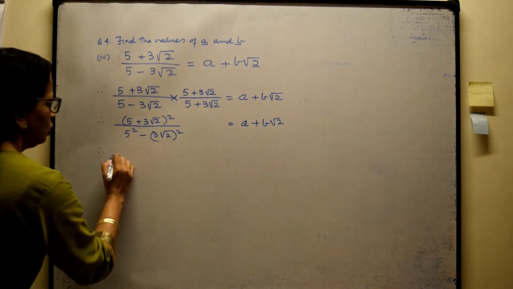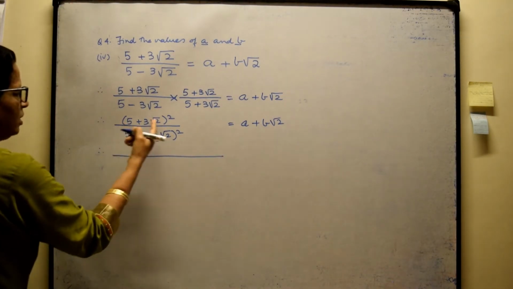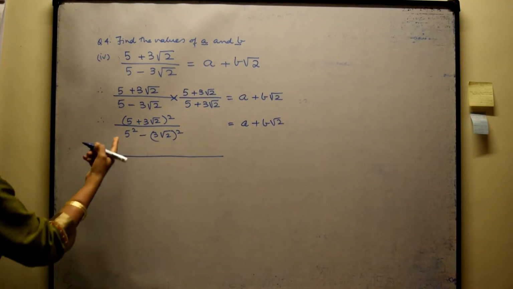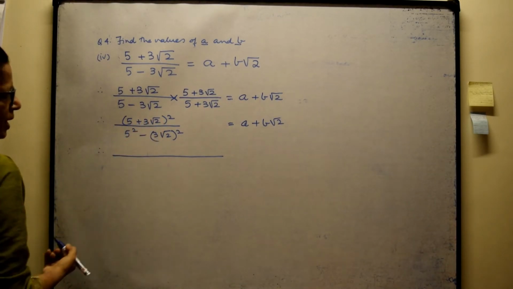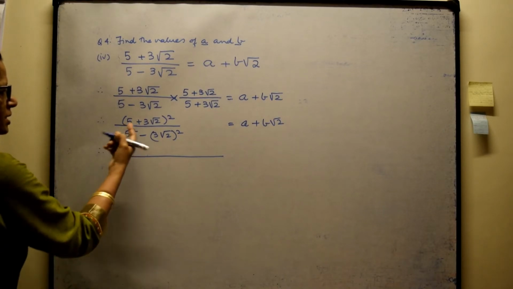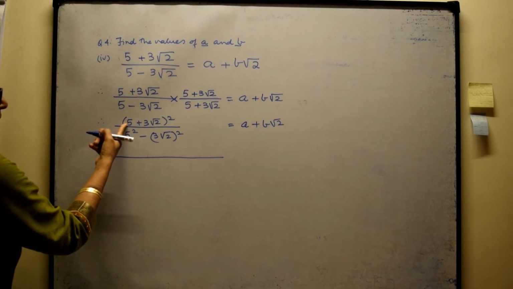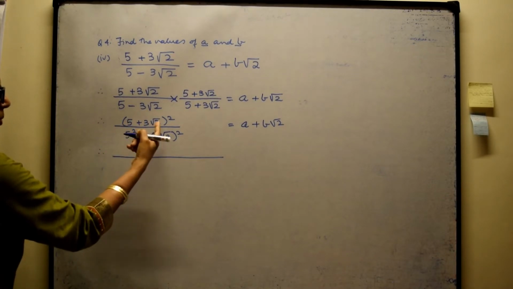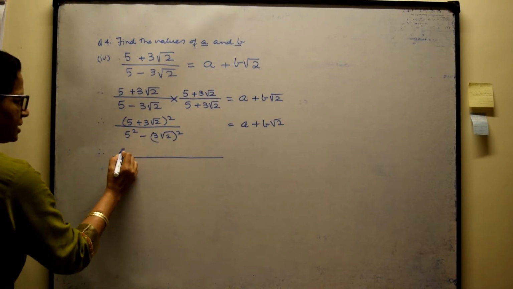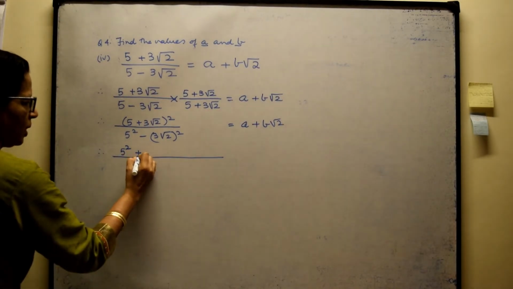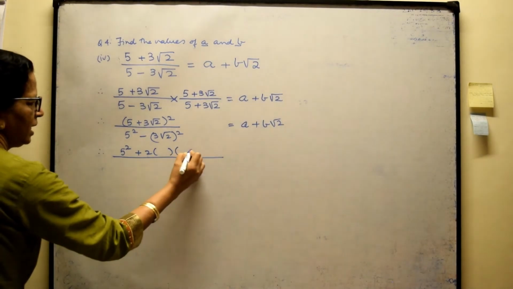Now in the numerator, we have a bracket square. So this we are going to do using the identity a plus b whole square. What does a plus b whole square give you? It gives you a square plus 2ab plus b square. So we write exactly the same thing. A square becomes 5 square plus 2 into a into b.